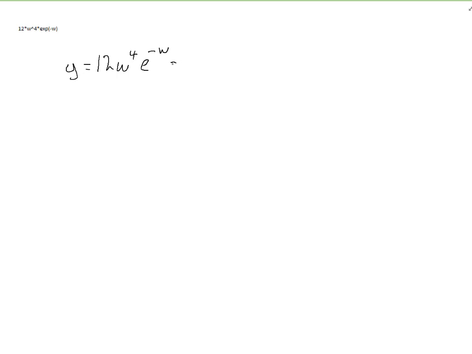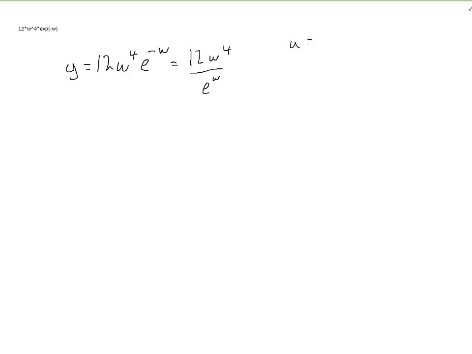Or, this is the same as 12w to the power 4 divided by e to the power w. So this is the same, because e to the power negative w is 1 over e to the power w. So here we can use the quotient rule.